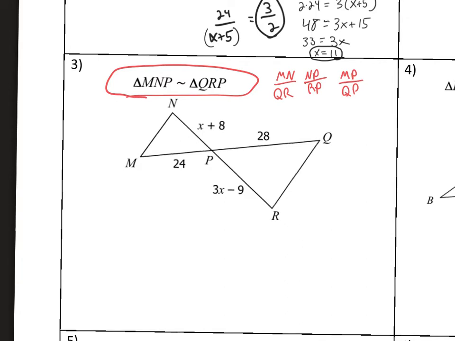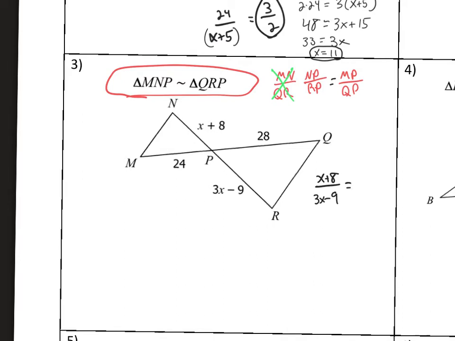Now in this one, we're not going to use MN and QR. We don't know anything about those sides, so we're just not going to use that. But we will use the other two as our proportionality statement. NP is x plus 8. RP is 3x minus 9.